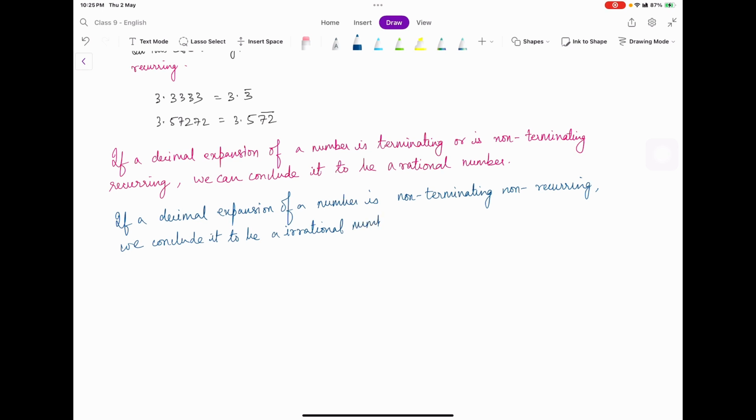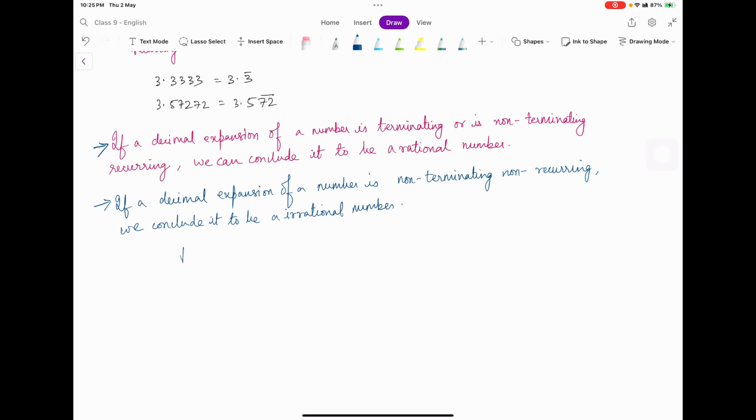Understood? See, if it was terminating, or if it was not terminating but recurring, it was a rational number. But if it is not terminating and not recurring also, there is no pattern in the quotient or the remainder, because if the remainder has a pattern, the quotient will also have a pattern. If both do not have any pattern, it is non-terminating and non-recurring, so it is an irrational number.